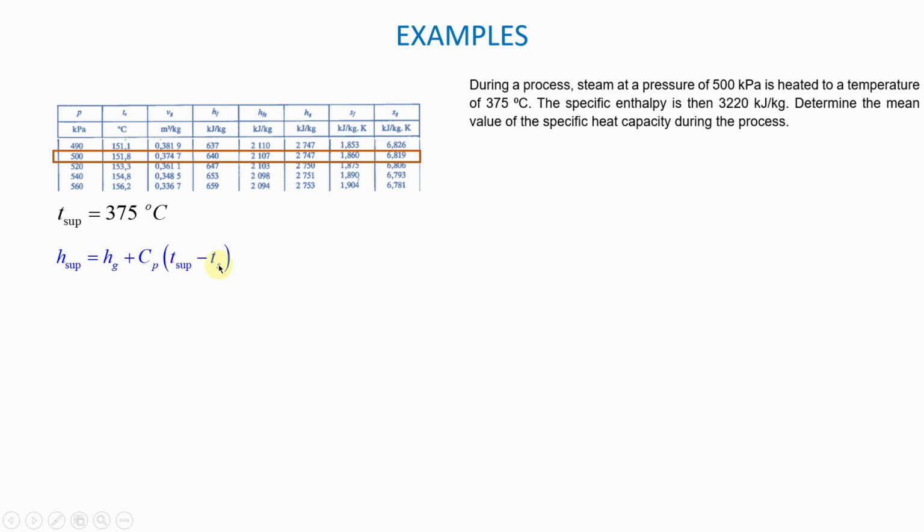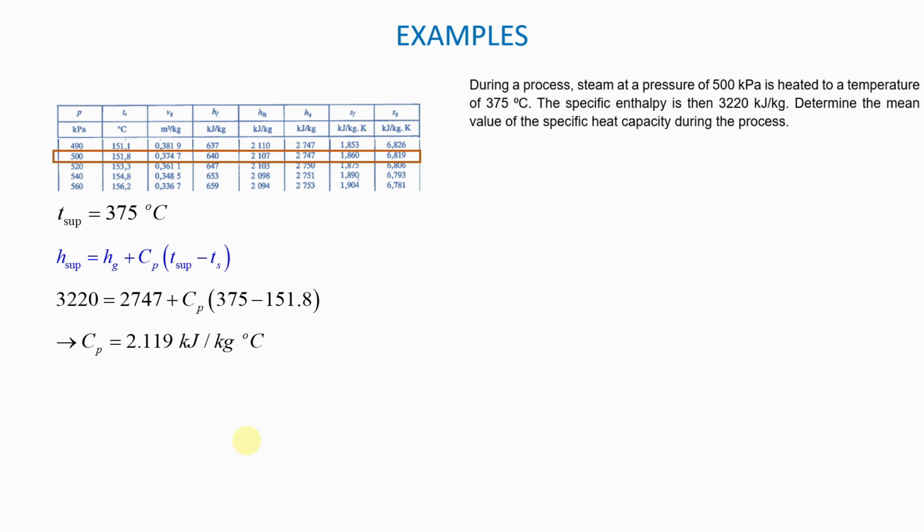The saturation temperature or boiling point temperature is 151.8. So we have everything here to be able to calculate Cp. If we plug in the numbers, the only thing that you do not have is Cp. You can then solve for Cp and you will find it to be 2.119 kilojoules per kg degrees Celsius.